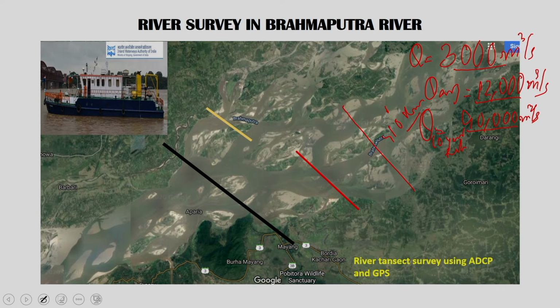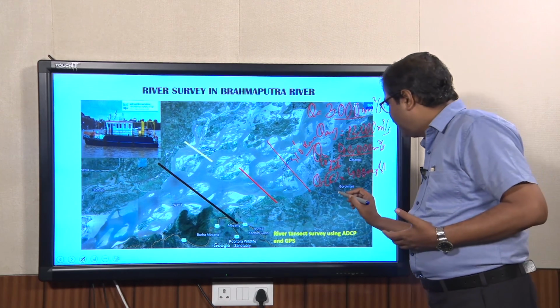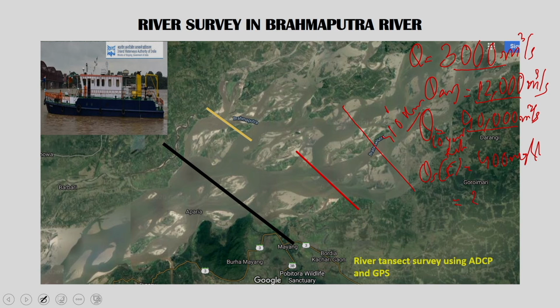In terms of sediment concentration, the average is about 400 milligrams per liter, but at maximum it can go to the order of 20,000 milligrams per liter.